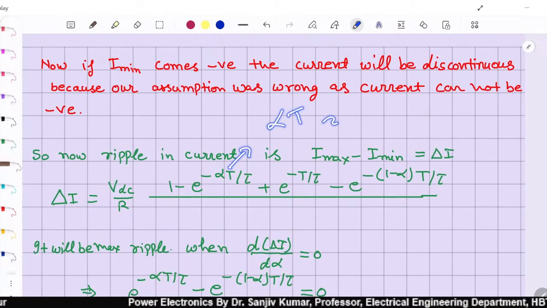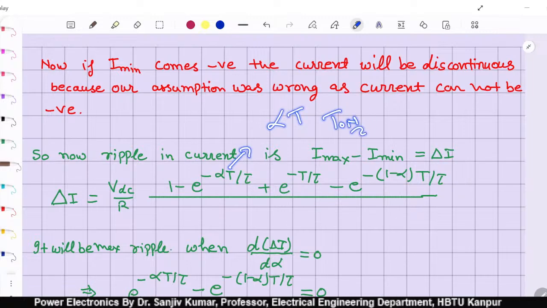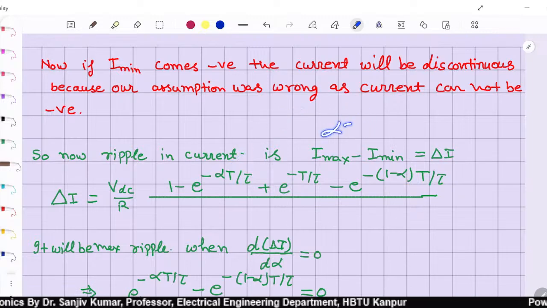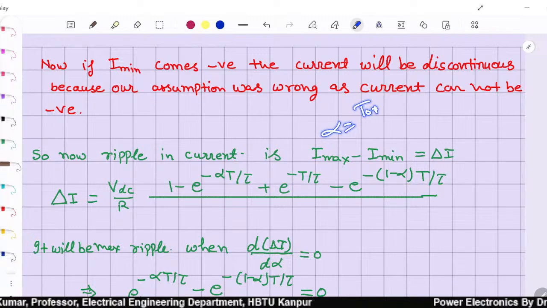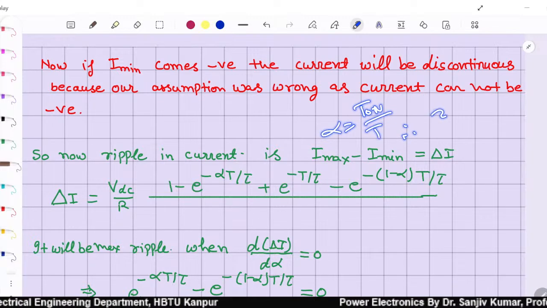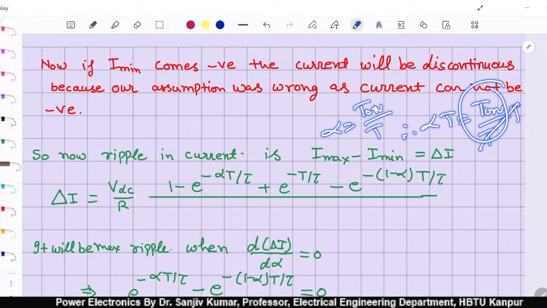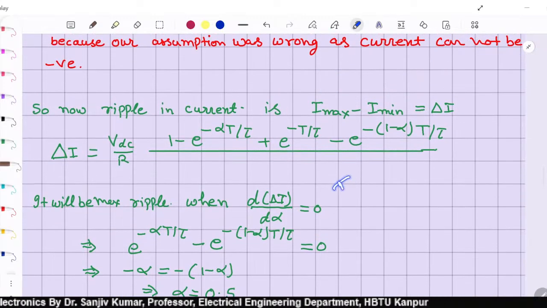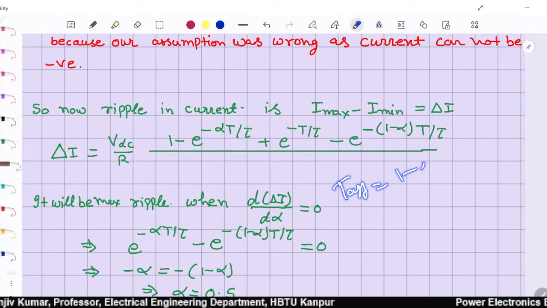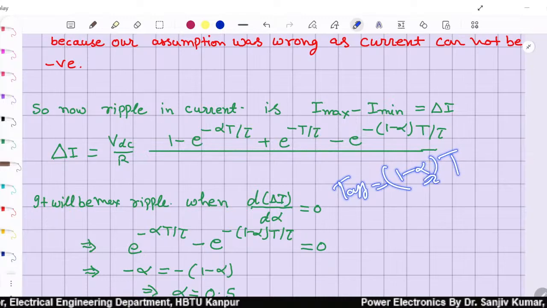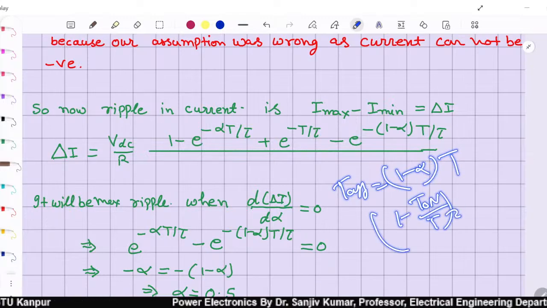Alpha T is basically T on, because alpha is equal to T on upon T. Therefore alpha T is equal to T on upon T into T, T gets cancelled out, T on. Likewise T off is written as (1 minus alpha) times T. This 1 minus alpha is 1 minus T on upon T, into T.